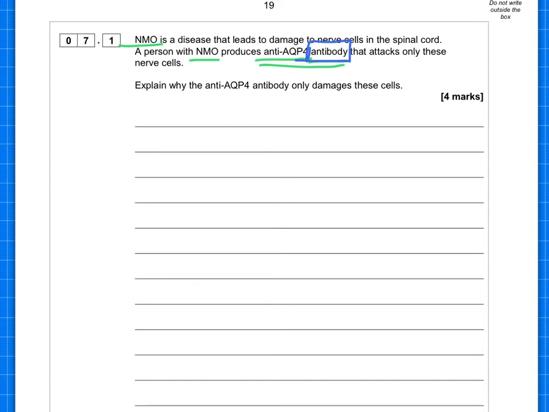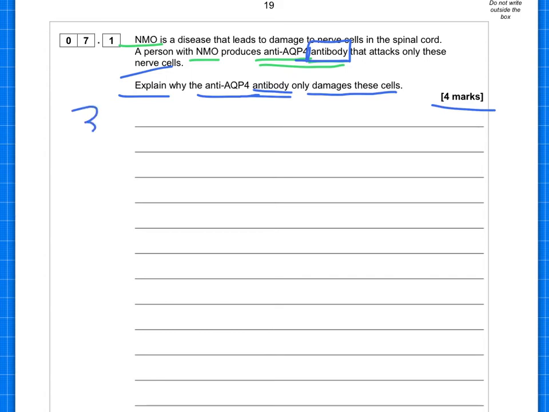And it attacks only these nerve cells, so it's specific to the NMO, the damaged nerve cells. It says explain why the anti-AQP4 antibody only damages these cells, and it's for 4 marks.